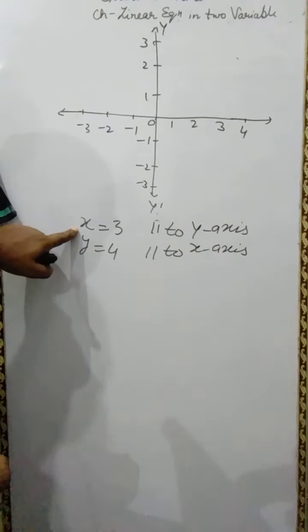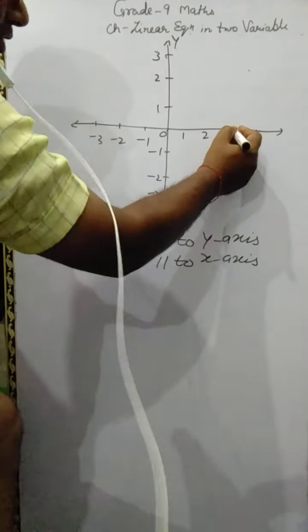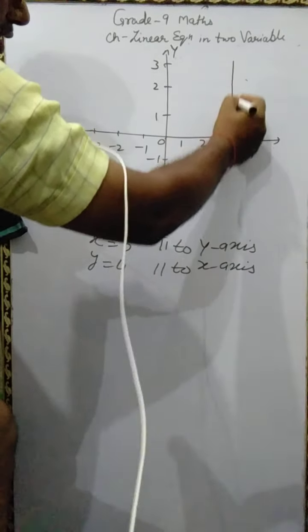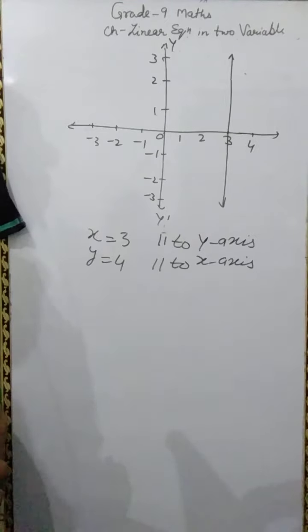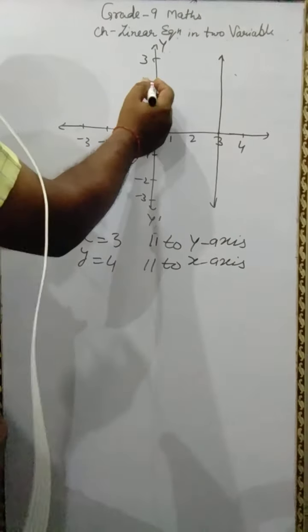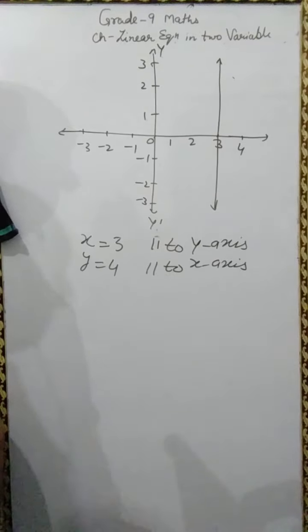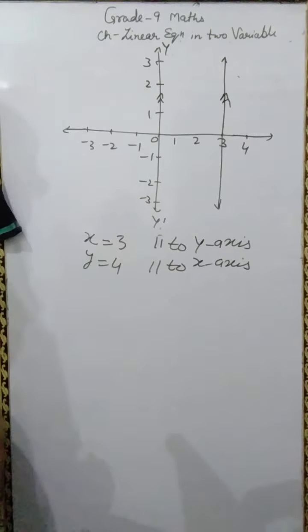We have x equals 3. If you plot x equals 3, this is x equals 3 and you draw a line. This is the line whose value is always x equals 3, and definitely this is parallel to the y axis, right?